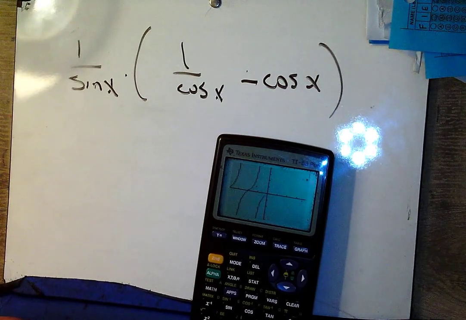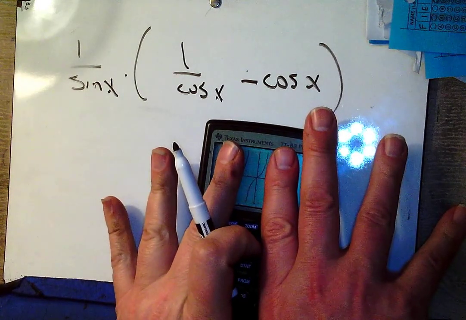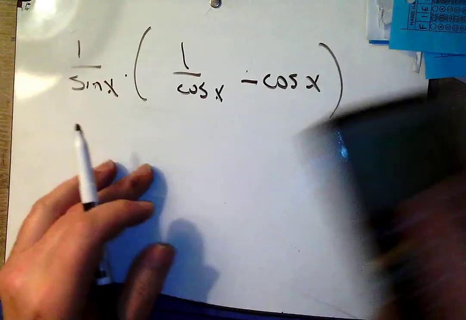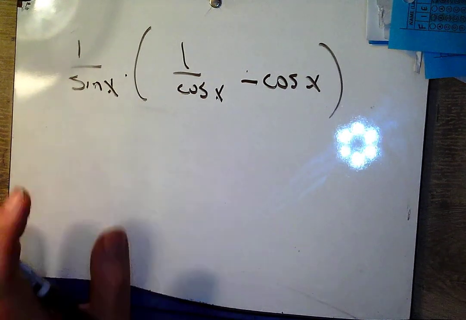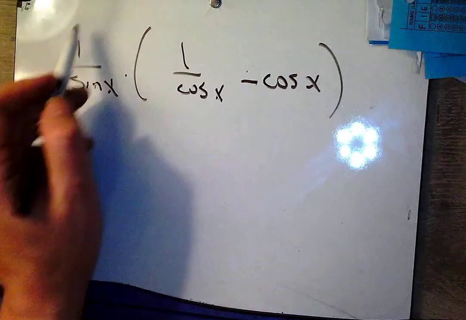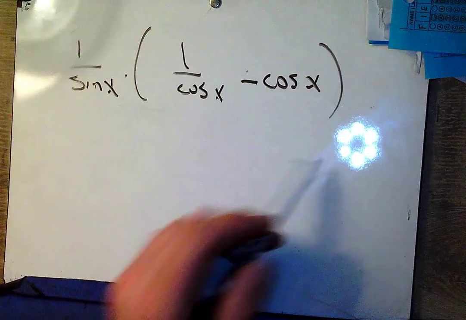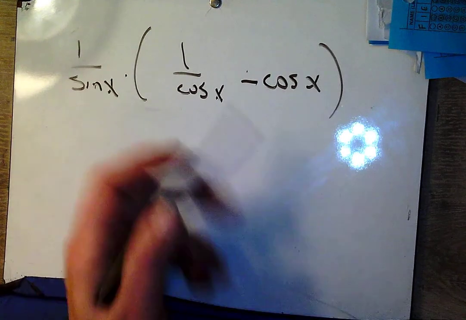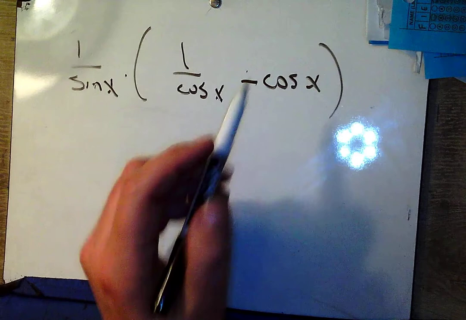Yeah, so whose graph is that? Well, going from negative pi over 2 to pi over 2 sure does look like tangent. So this is going to turn into tangent, I expect, when I'm done. Huh, that's interesting. Now, which person are you? Are you the one who wants to distribute, or are you the one who wants to make the common denominator? Me, I'm the one who wants to make the common denominator. And here's why.